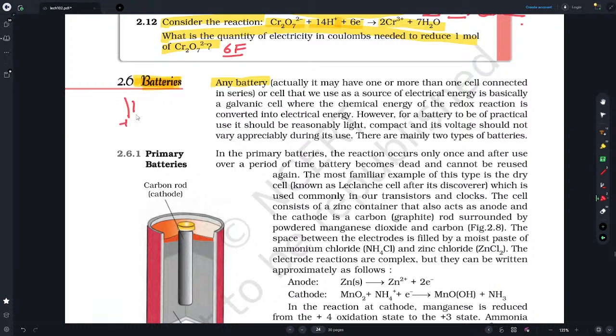This is the positive and this is the negative terminal. A battery is a combination of one or more cells. Two or more cells is what we call a battery, and a single unit of a battery is what we call a cell.